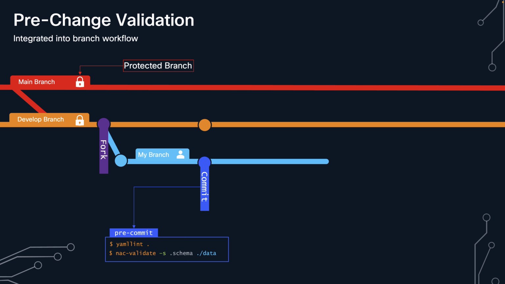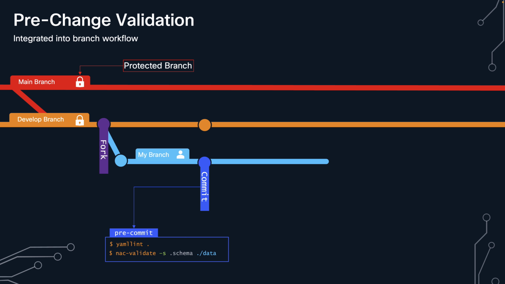You can have operators create specific elements that are part of the repository code that run and perform two specific tasks: we can do YAML linters and we do NAC validate.